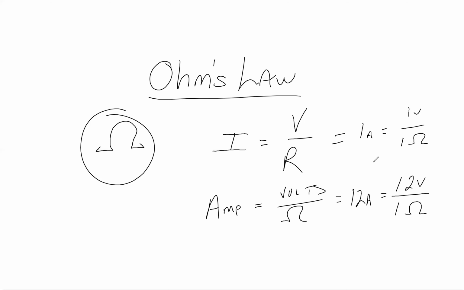But an incandescent bulb, which is your normal little bulb that looks like this, has a resistance of more than 100 ohms.